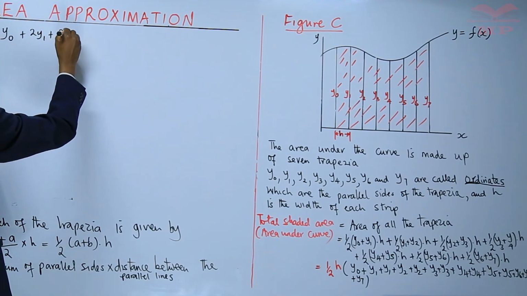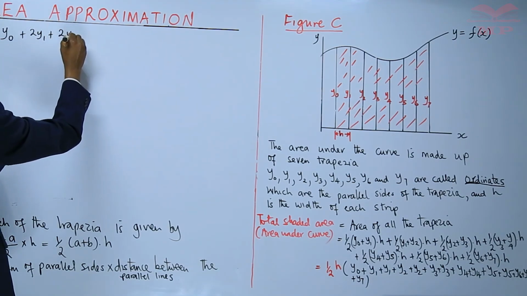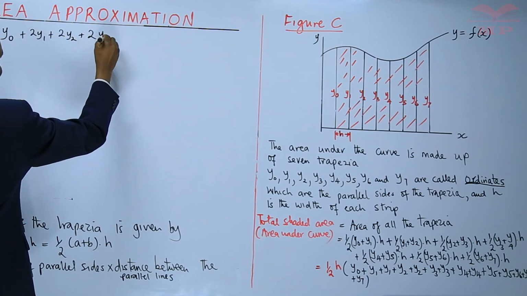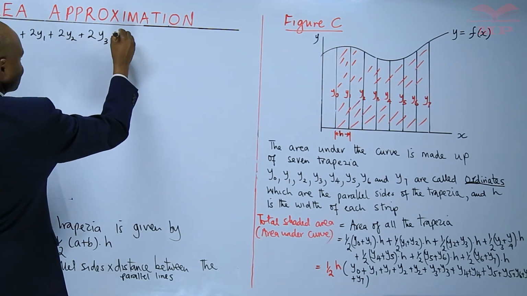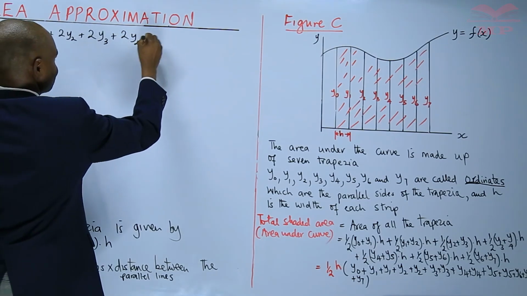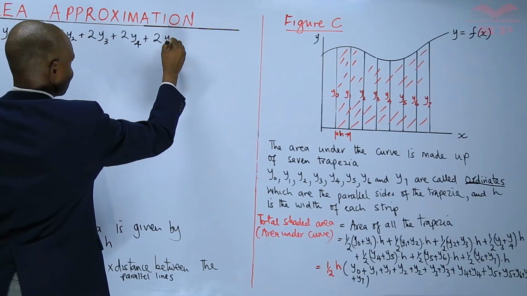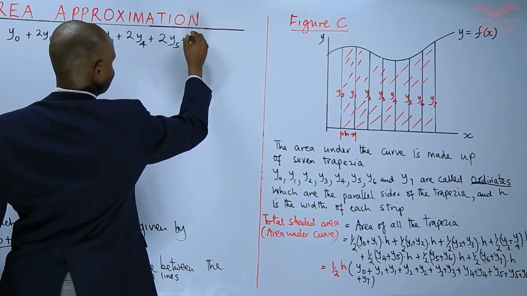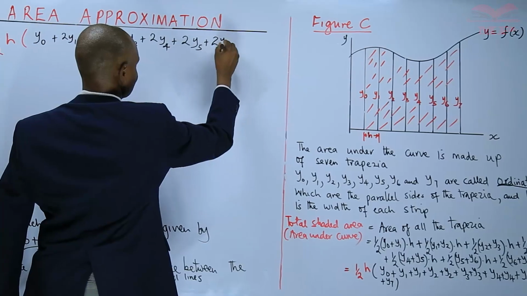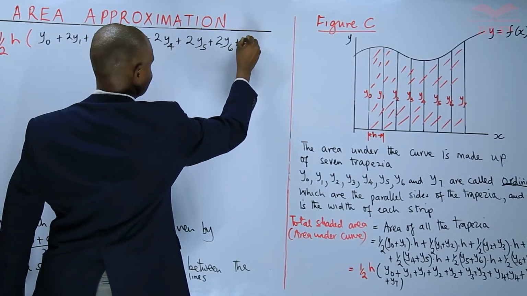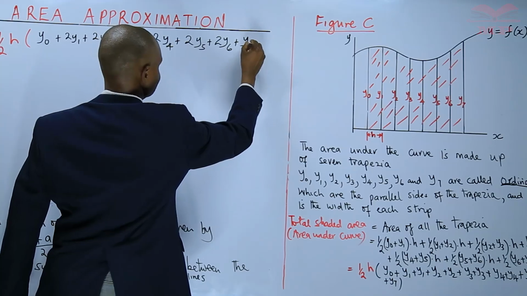Y2 is appearing twice. Y3 is appearing twice. Y4 is appearing twice. Y5 is appearing twice. Y6 is appearing twice. And y7 is appearing once.